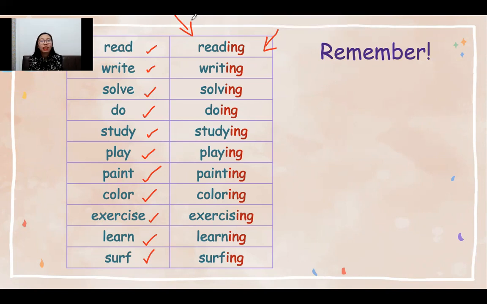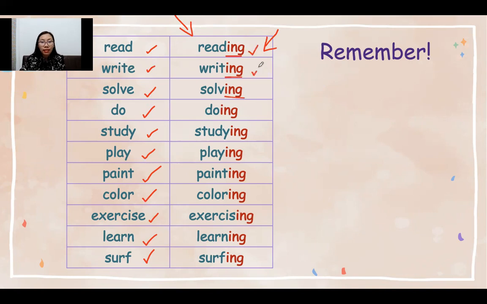So in writing past continuous sentences, we need to transform our verbs, our action words, into ing form.